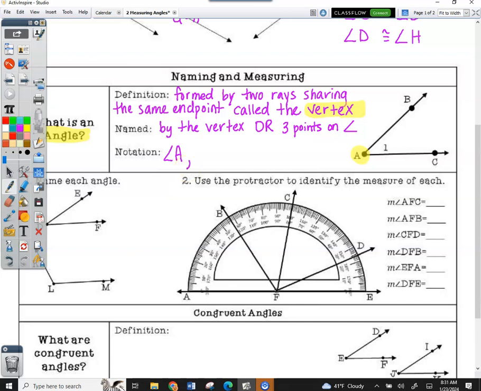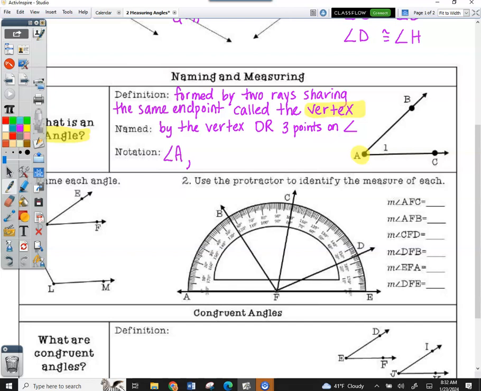Or, I'm going to put comma. Another way to name it is by the 3 points on it. Now here's where order matters. You have to be careful. You name it by 3 points so that if you were to trace those letters in the order that you named it, you would end up tracing the angle. So we'll say that again. 3 points in order that traces the angle.